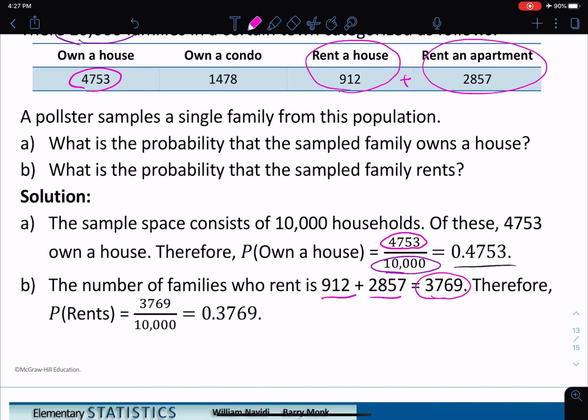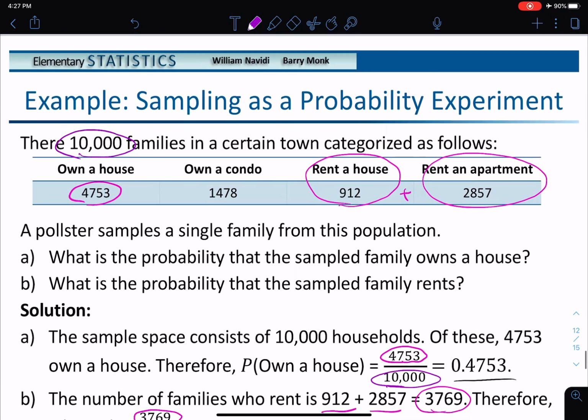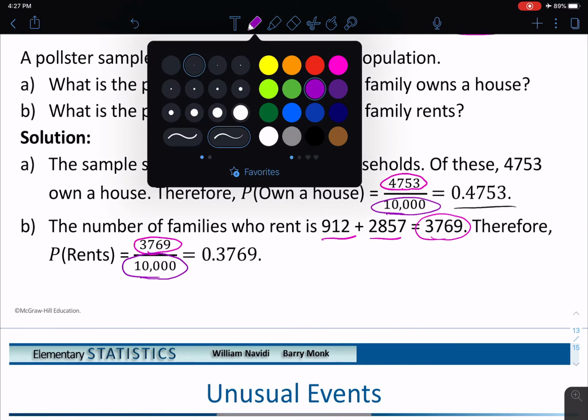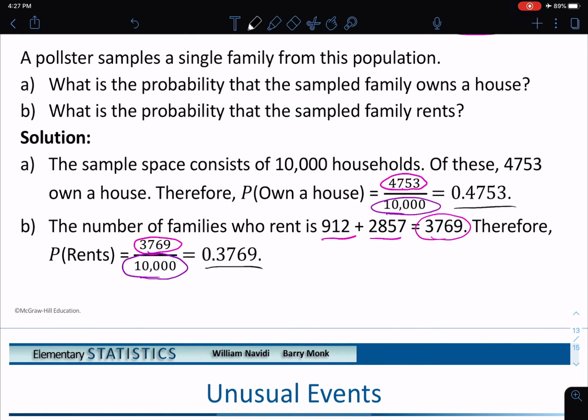Remember, renters, people who rent, is our event. And then we divide that event by the total sample space, which was 10,000 families in a certain town.